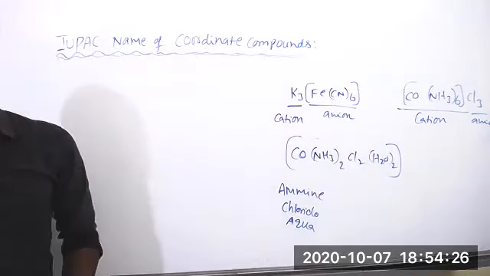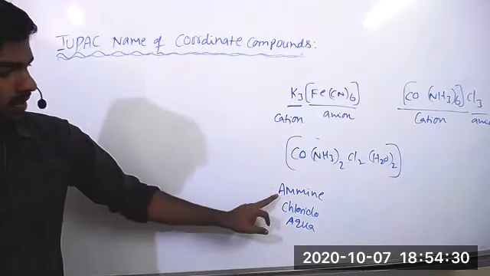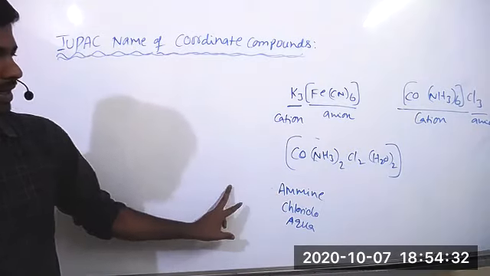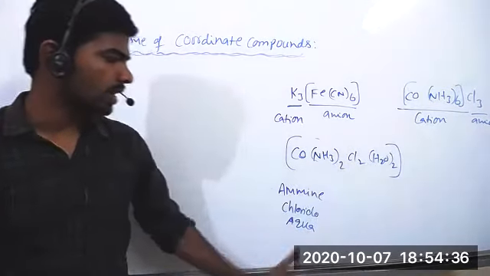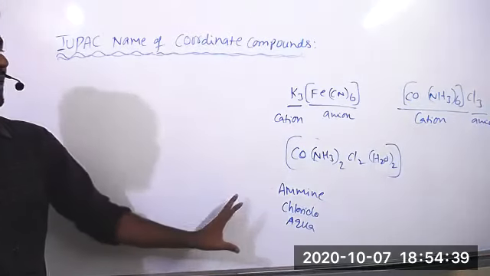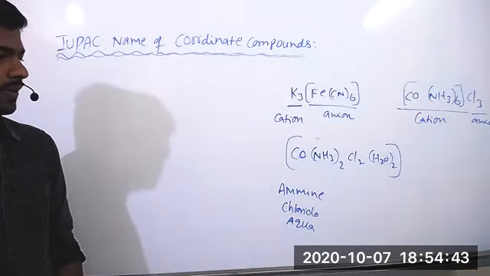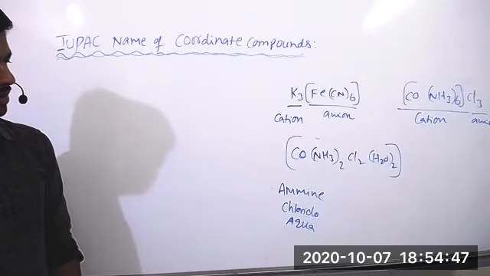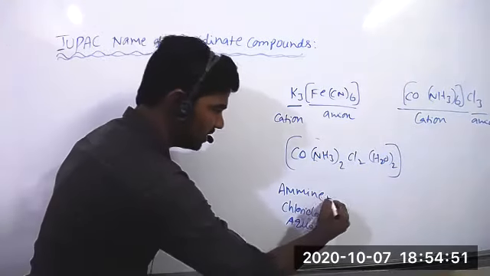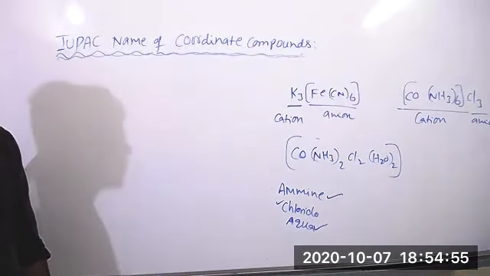Alphabetical order: amine comes first, then aqua, then chlorido. Yes, you are correct. That is the right alphabetical order.